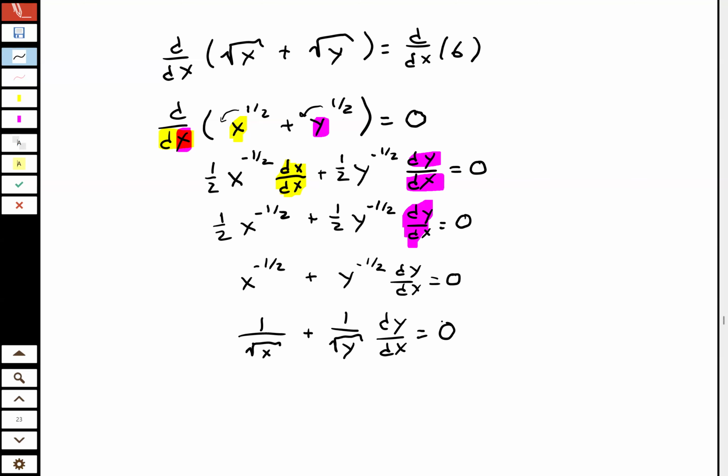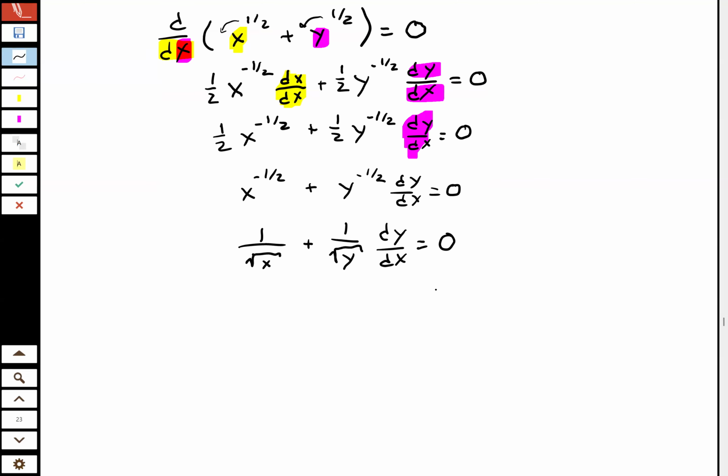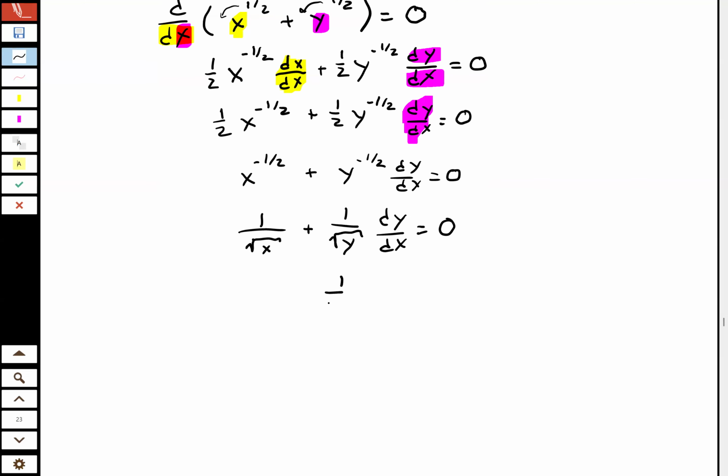is equal to 0. Let's subtract that 1 over square root of x to the other side. From here, let's try multiplying both sides by the square root of y. That will cancel out the square root of y's on the left side.